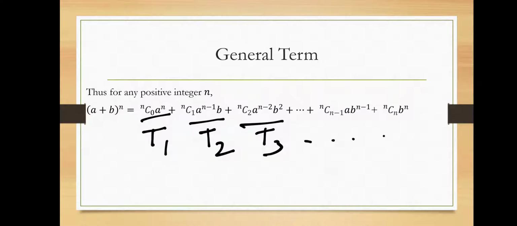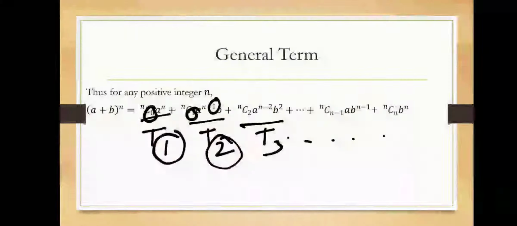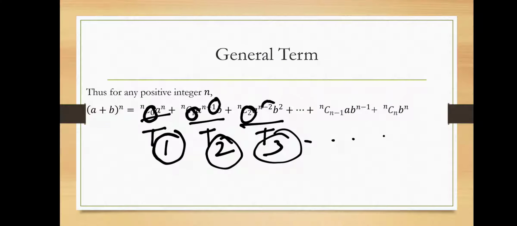So if you just follow this, the term number and all the numbers that are involved in the actual term are just one less.